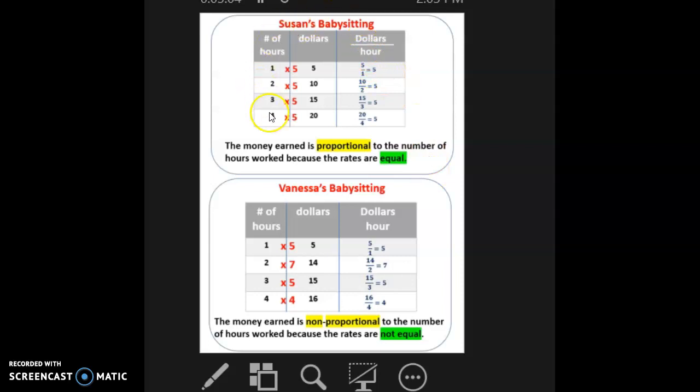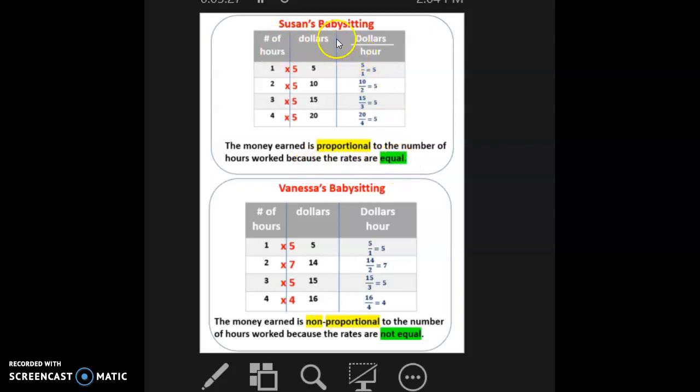Okay, so this is just a screenshot of Susan's babysitting table and Vanessa's babysitting table. And here's the point of this lesson. We can say that the money earned is proportional to the number of hours worked because the rates are equal.